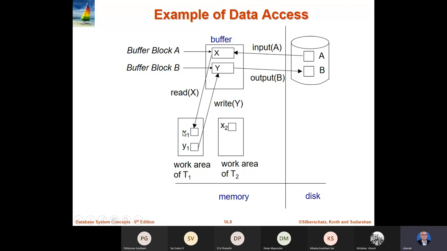Again, very important: as I said, the transactions are only interacting with the buffer blocks, and the database management system is deciding when to flush the buffer blocks to the disk blocks.